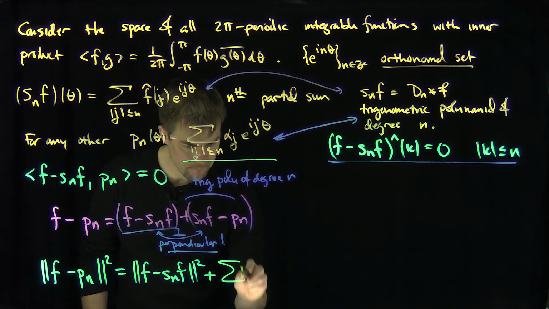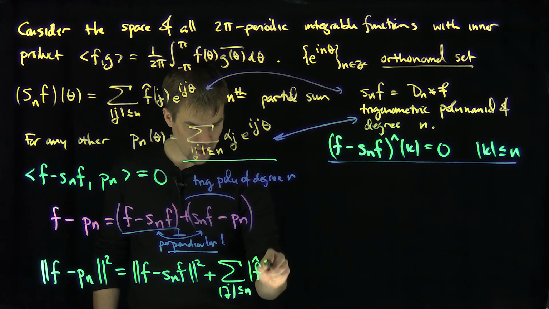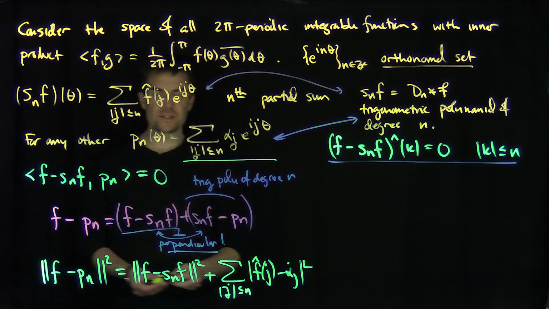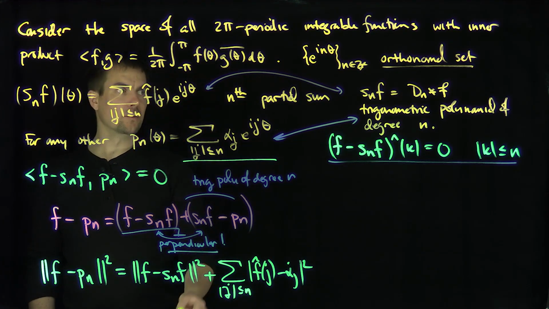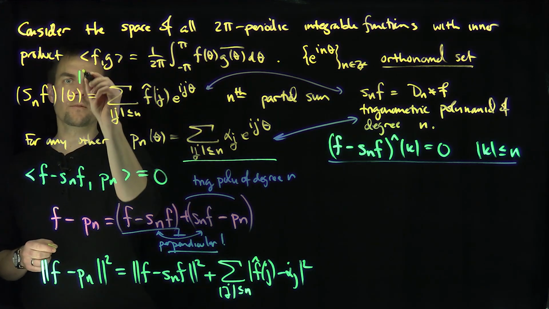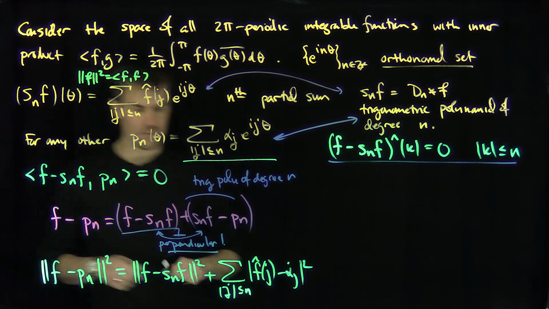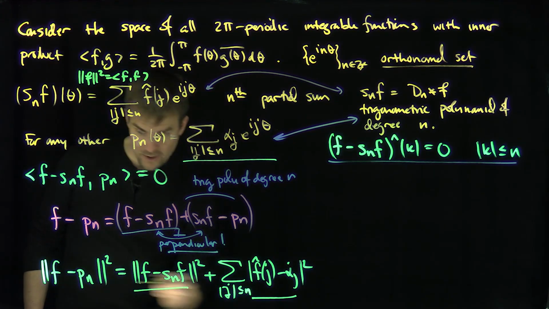So it's going to be the sum over j less than or equal to n of f hat of j minus alpha j, quantity squared. And now what's the idea? Of course, the norm squared is just the inner product of the function with itself. And so that says that this quantity plus a positive quantity is equal to this thing.